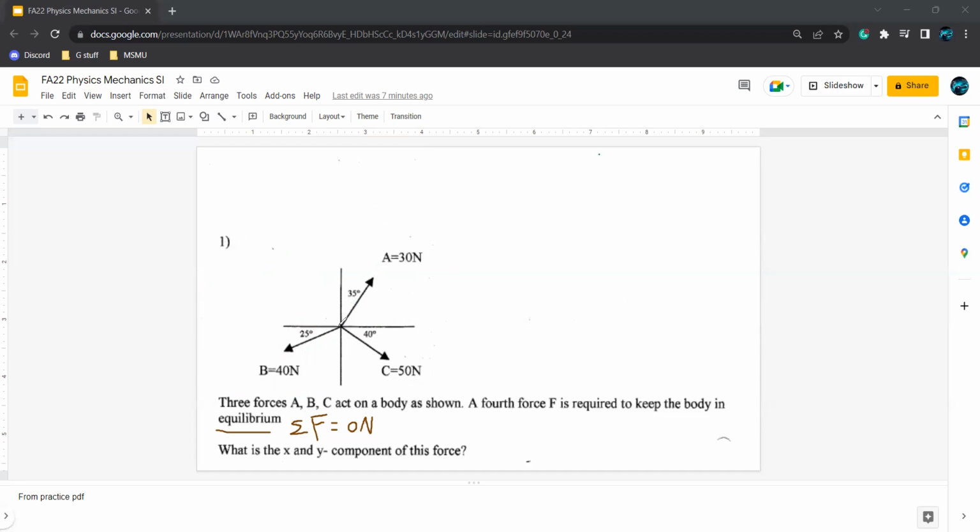All right, so for this one, let me click focus. This angle here, you have this going in the positive direction, and then you have this going in the positive direction, right? Positive here, positive here.